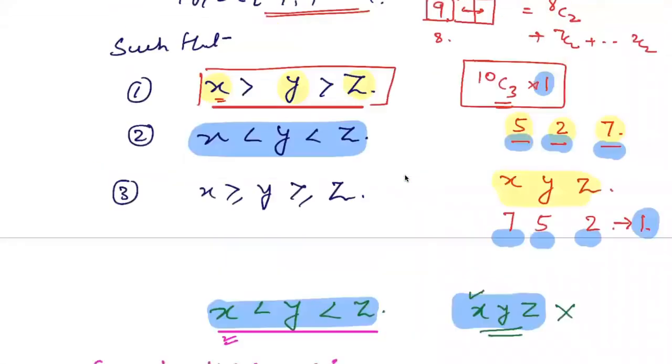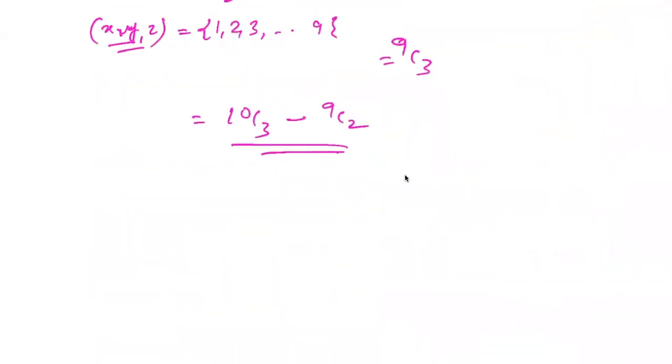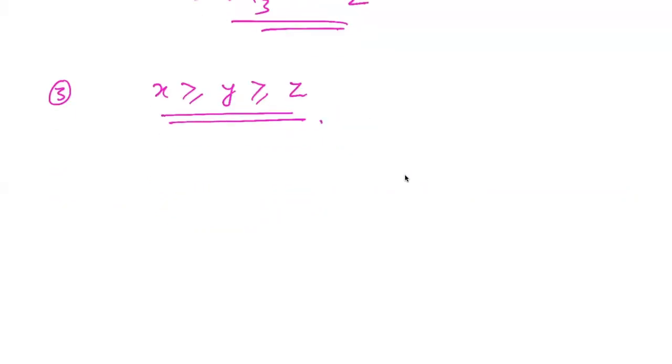But the last case, the third one, is when equality signs are also involved. X greater than or equal to Y greater than or equal to Z. Then in how many ways can we select the numbers, right?